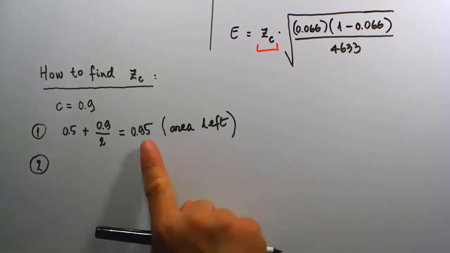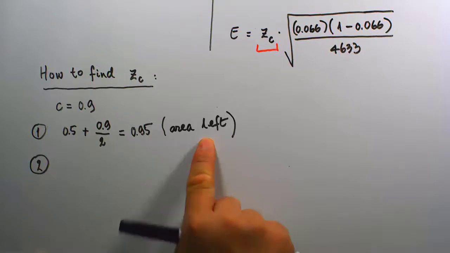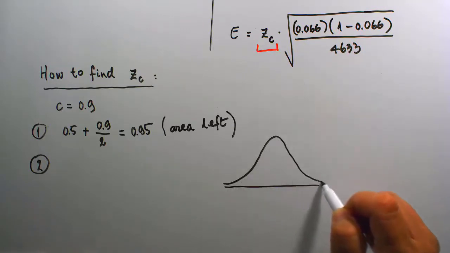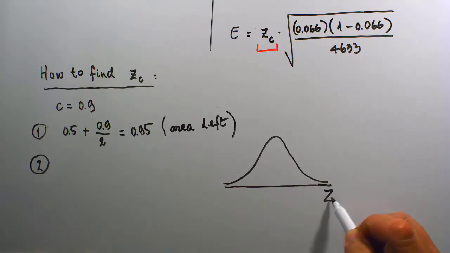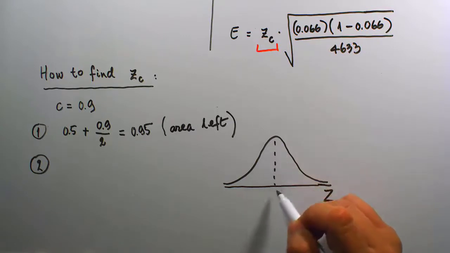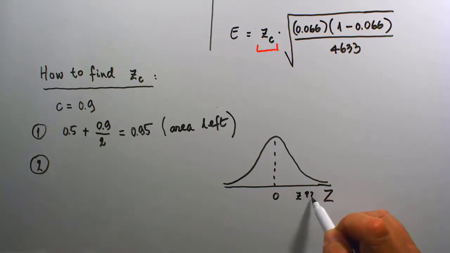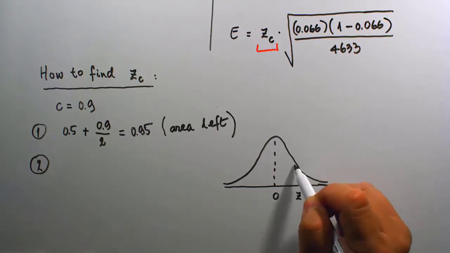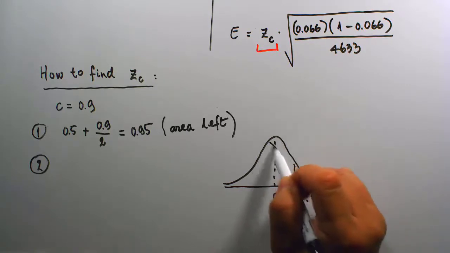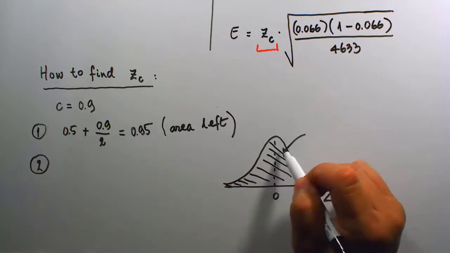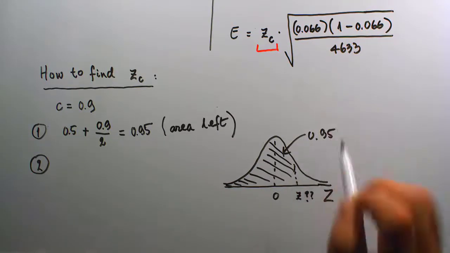The reason why I refer to this value as an area left is because in my next step, the plan is to think about the standard normal distribution. So this is the bell curve of our z-score. Okay. Then which z-score is it giving me an area shaded to the left to be 0.95, and that's the plan.